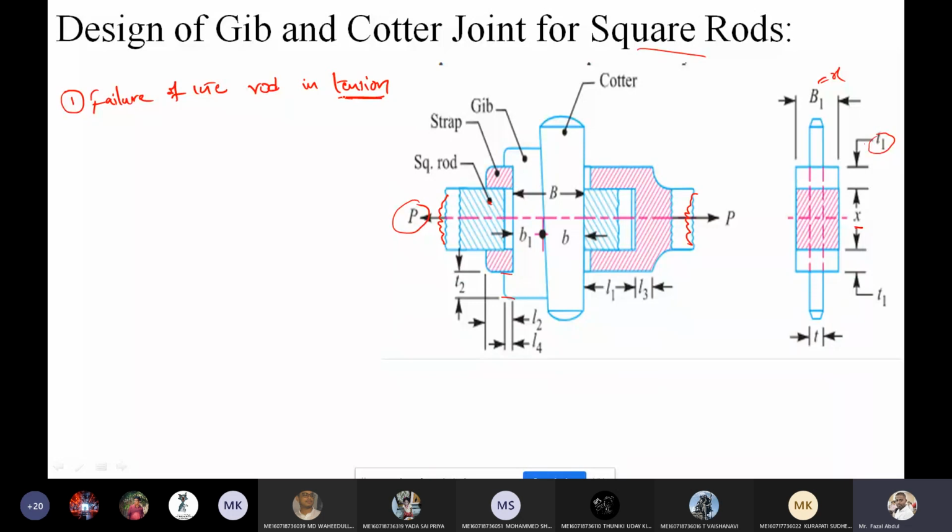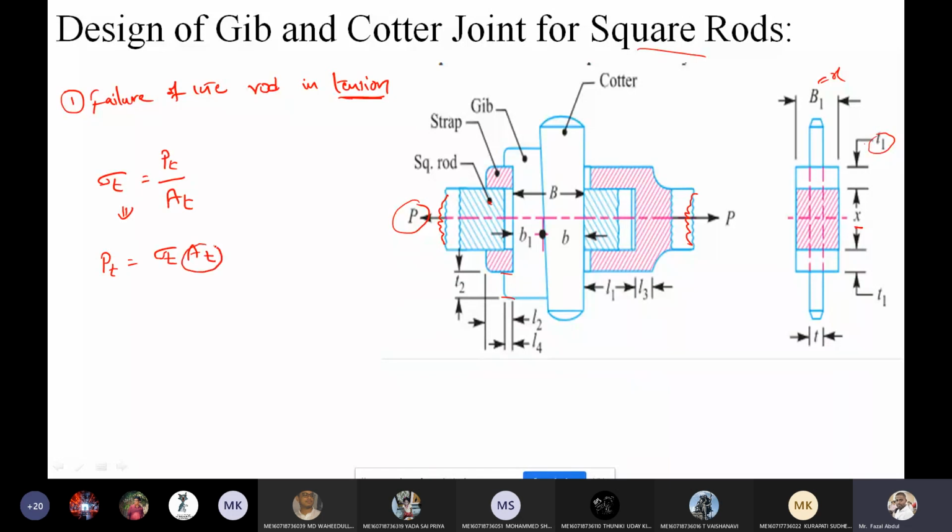Because of tension, the respective stress generated is tensile stress. So the respective equation is tensile load by tensile failure area. This equation may be written as Pt equals sigma t into At.